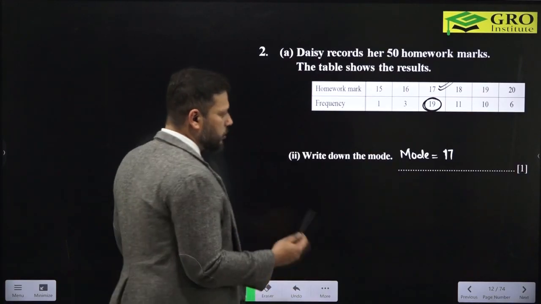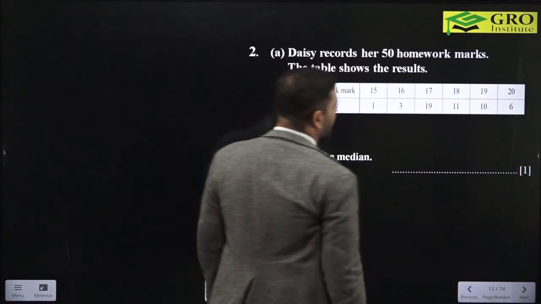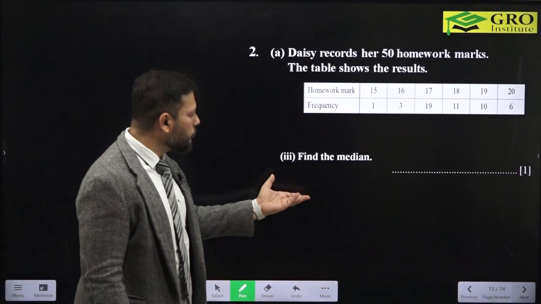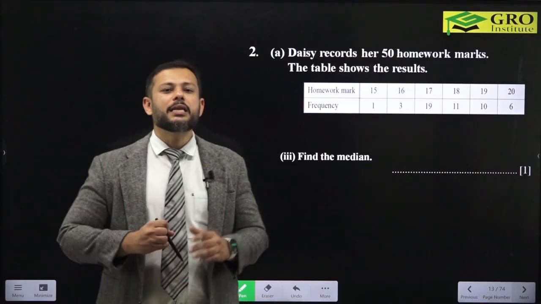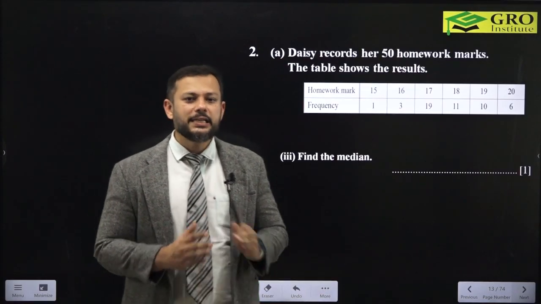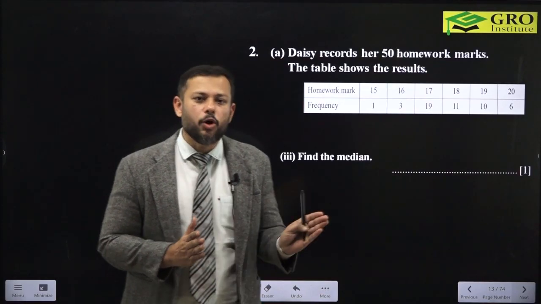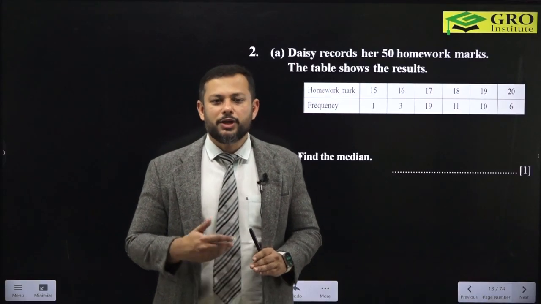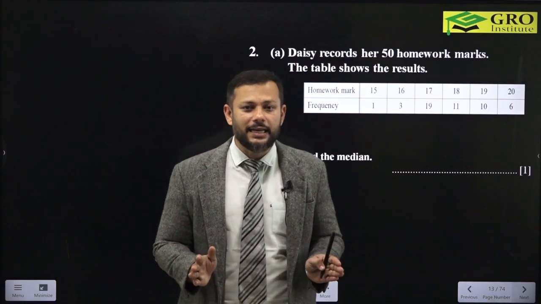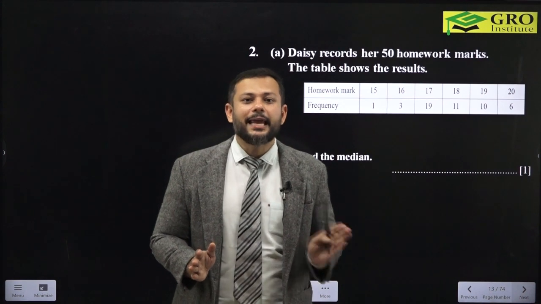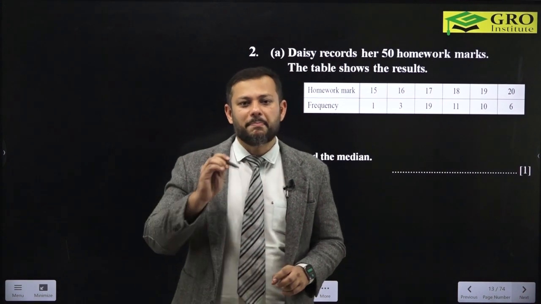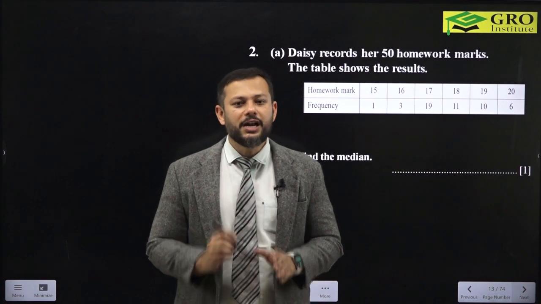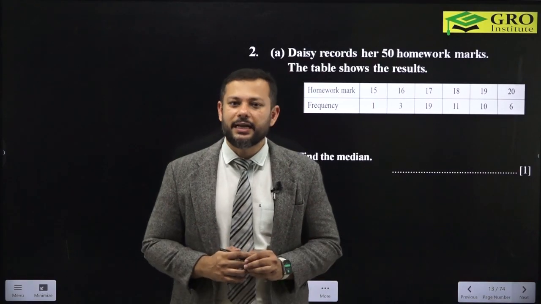Moving ahead, these 2 questions were very easy. Now you are supposed to find out the median. Guys, median is what? If any data is arranged in ascending or descending order, that is, if it is arrayed data, then the middlemost value will represent the median of that data.